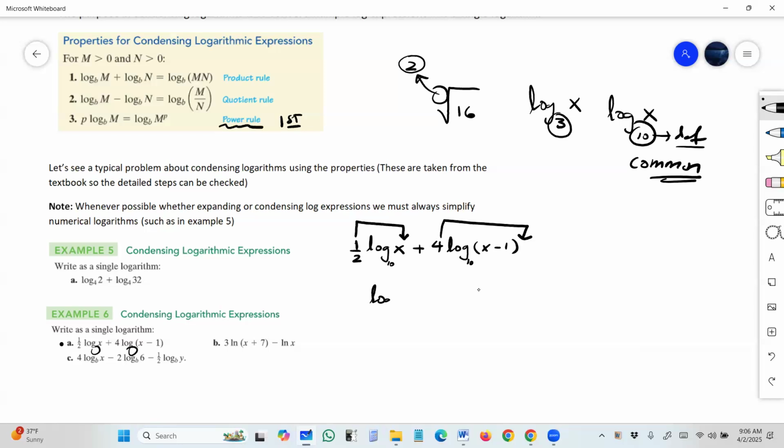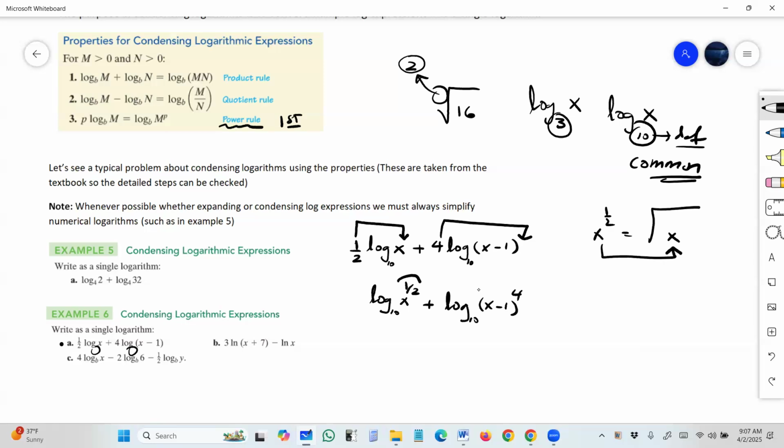So this is going to be log base 10, you don't have to write it, of x to the 1/2 plus log base 10 of x to the 4th. Okay? And now I will convert this to radical form. So you remember how that goes, right?